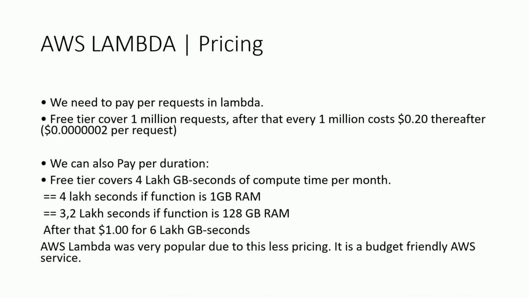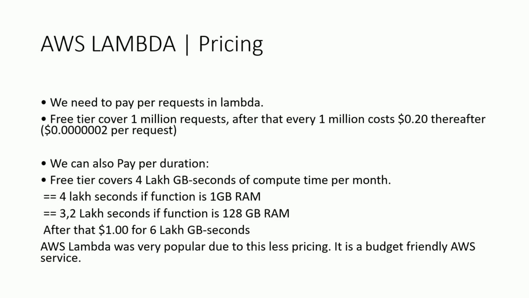So since you see most of the work we can manage in the free tier itself, based on the requests also, based on the duration also. So that's why AWS Lambda is becoming a very popular and very budget friendly AWS service, which makes everything hassle free because we don't need to manage any servers using this serverless architecture.